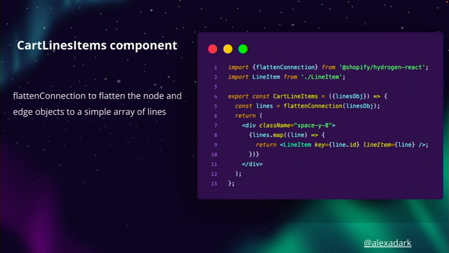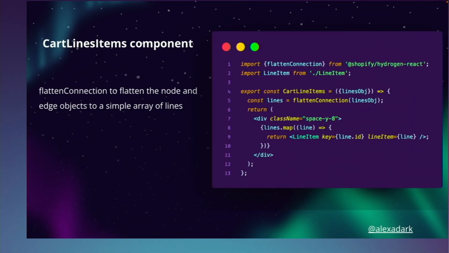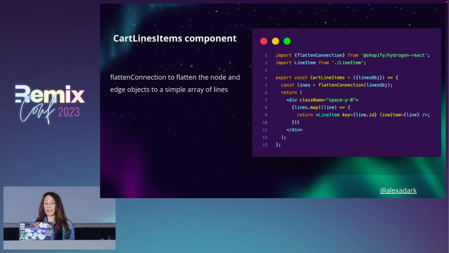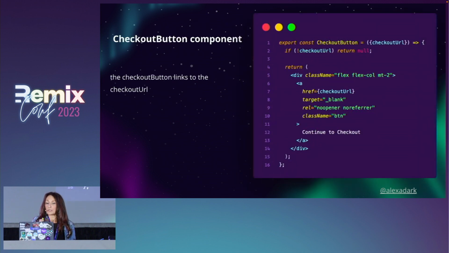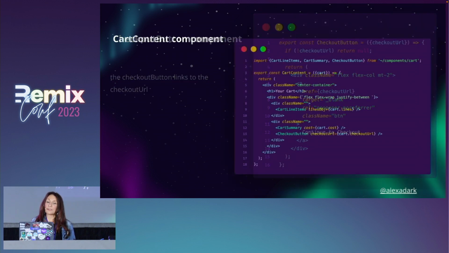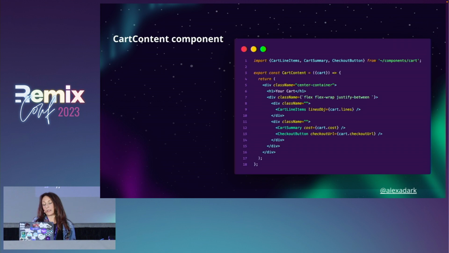We have the cart lines item component, and here again we are using a utility from Hydrogen React, flatten connection, that flattens the nodes and edges object to a simple array of lines, so we can map around our lines and display each product. And the cart summary component renders the total using the money component. The checkout button links to the checkout URL. And finally, the cart content component displays everything, our products, our cart summary with the price, and our checkout button.